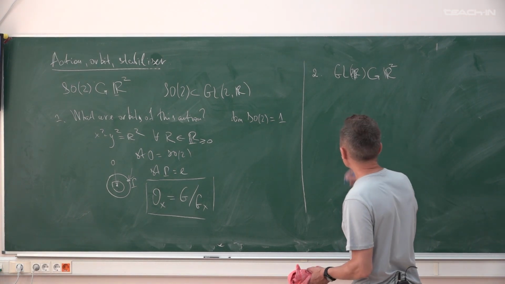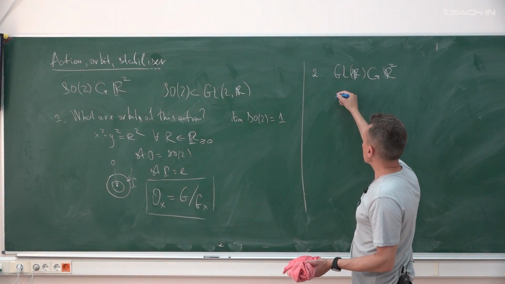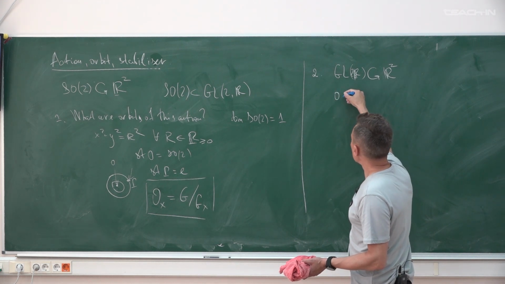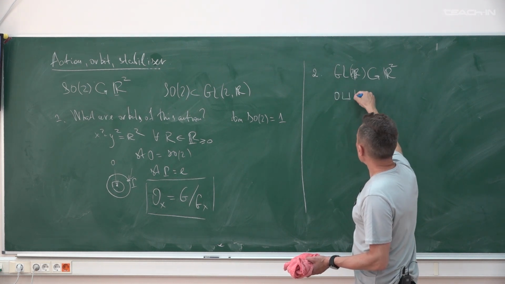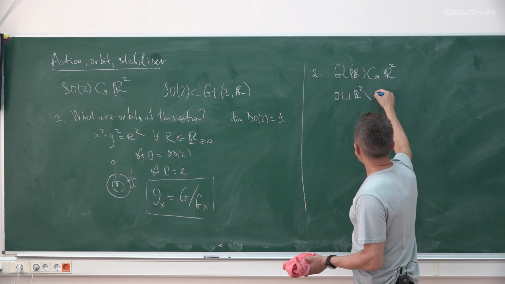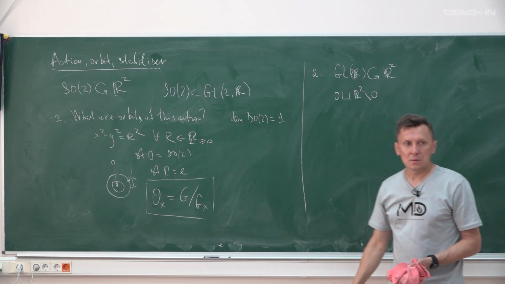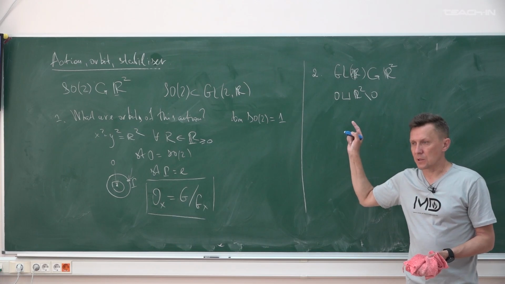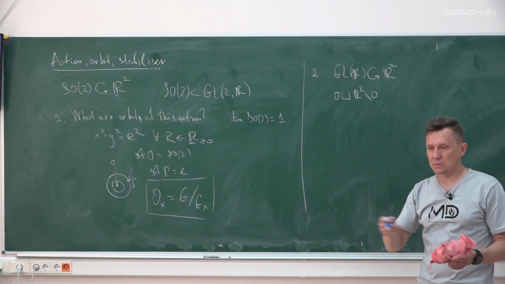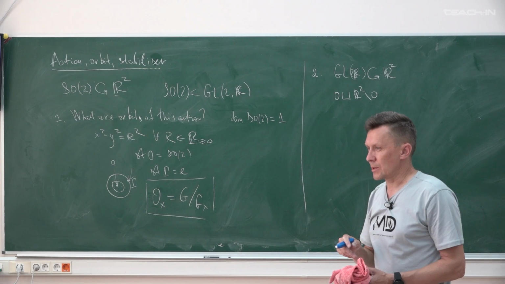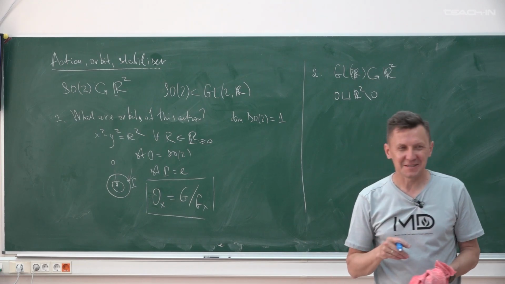Yeah, that's right. So the orbits are 0 and R2 except 0. There are only two orbits in this case, but we need some comments, some explanations.